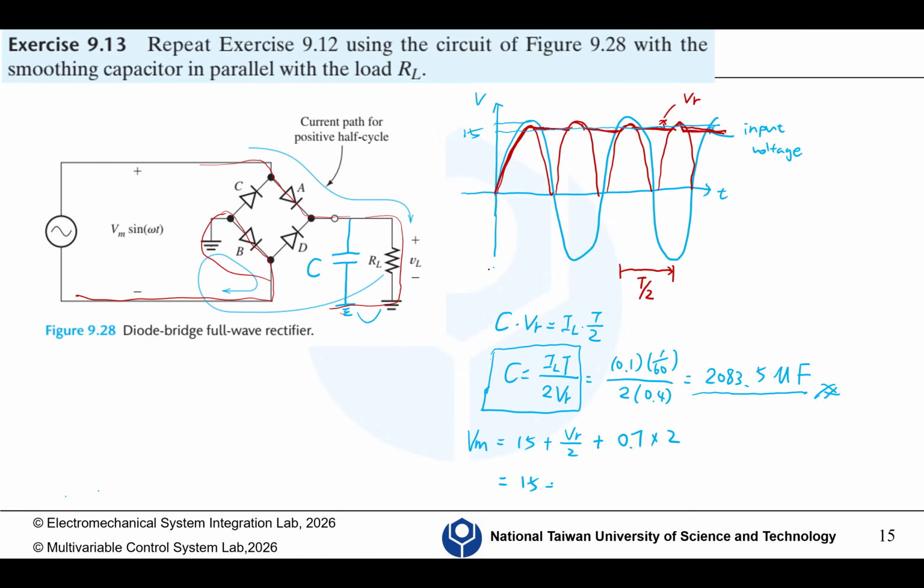It is 15 plus VR, which is 0.4, divided by 2, plus 0.7 times 2, which is 15 plus 1.2, 1.4, which is 16.6 volts. This is the peak of the input voltage.